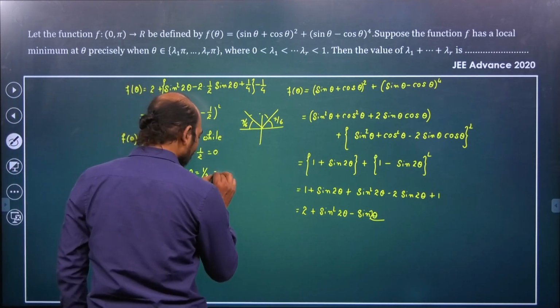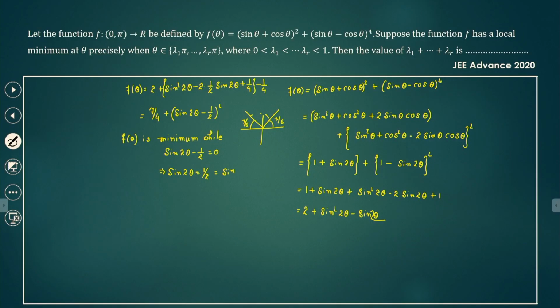That implies 2 theta is equal to pi by 6 or 5 pi by 6. So theta is equal to 1 by 12 multiplied by pi or 5 by 12 multiplied by pi. That's the value of theta.